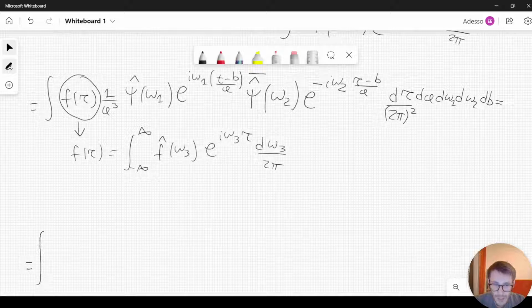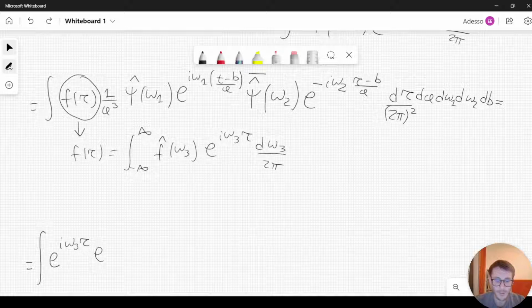So I have an integral sign which actually embodies 6 integrations that we have to carry out, and that's fine. And then I have a bunch of complex exponentials that I can rearrange. I have e to the i omega 3 tau, which comes from here.